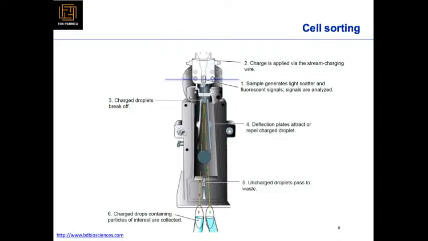Then uncharged droplets pass to the waste. These are the negative and positive sides, so the cells become positive and negative and get attracted. In the center there is a neutral cell. These are the waste material, where things go to waste. Then you can sort them into red and green parts, and the cells of interest are sorted like this. So that's the basic principle of FACS analysis.